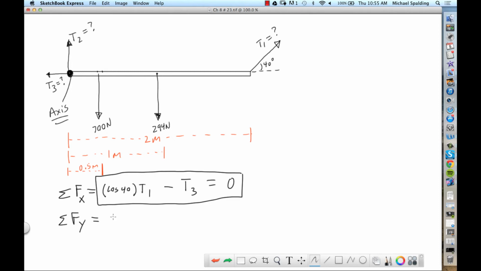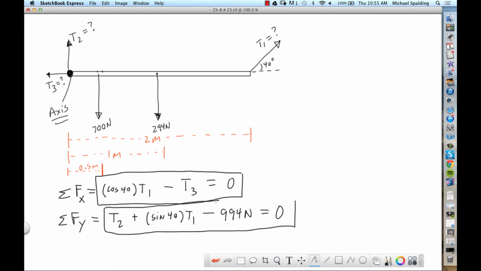You're going to go T2 plus the y component of T1, which is sine 40 T1, and then minus, let's just add these together, 700 plus 294, that's 994. Okay, so we added up the y forces. They cancel to 0 because there's no acceleration.